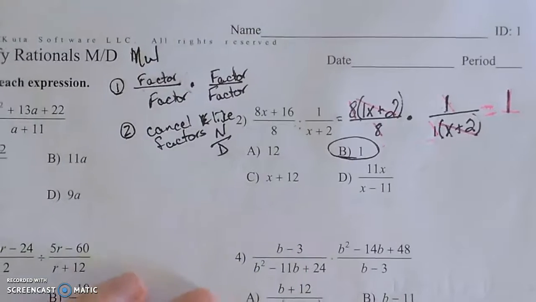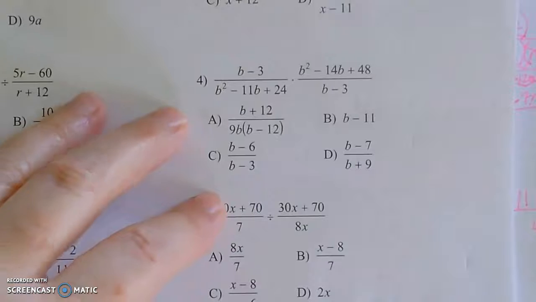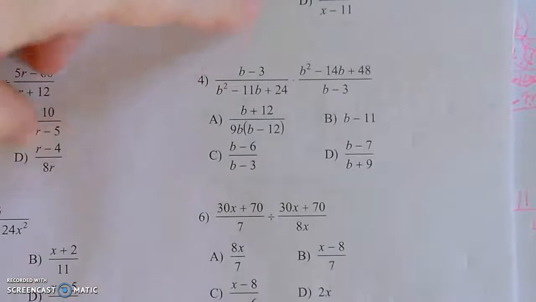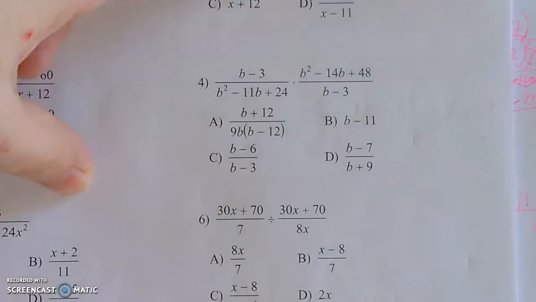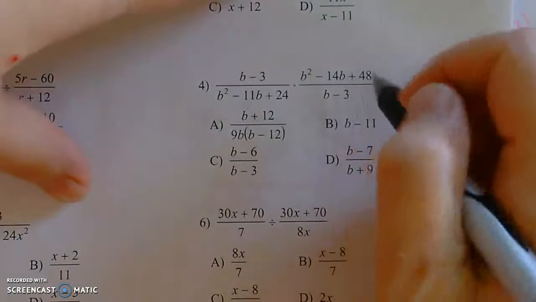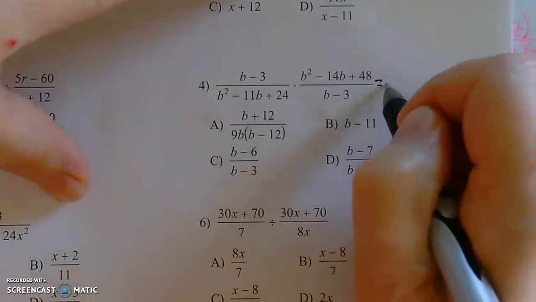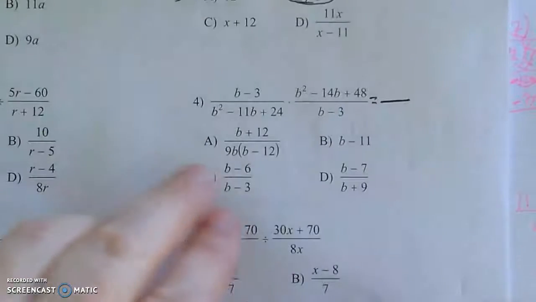All right, so let's try that again. We're going to look at number 4. We have to factor in all four places, okay? I'm going to have to write a little small, but we can do it.